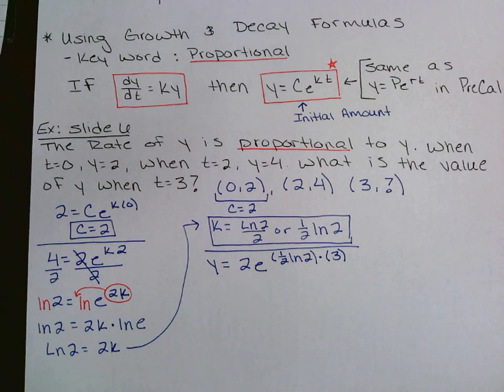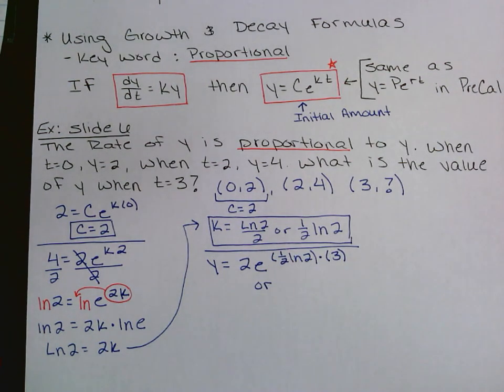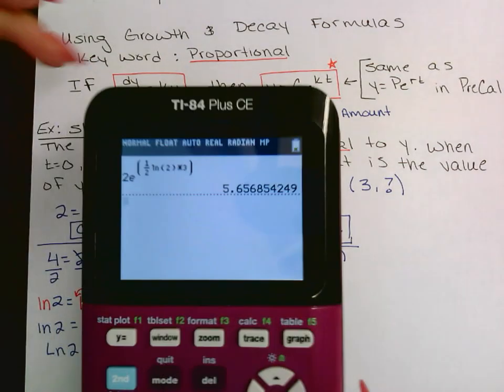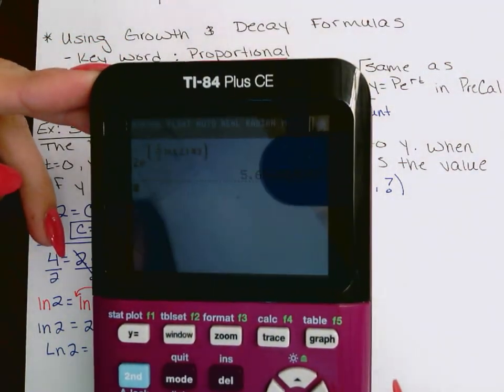Okay? And at this point, you could either leave that as your final answer if it's a free response question on the AP, or, okay, you go ahead and go onto your calculator and plug that in. So here's a peek at what your calculator should look like. Okay, and you get 5.656.